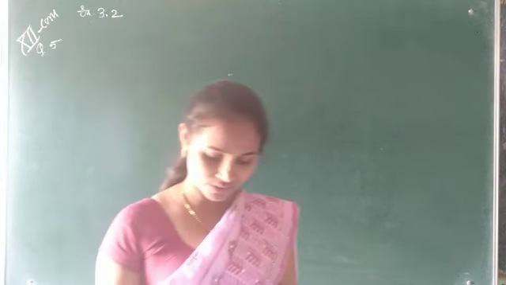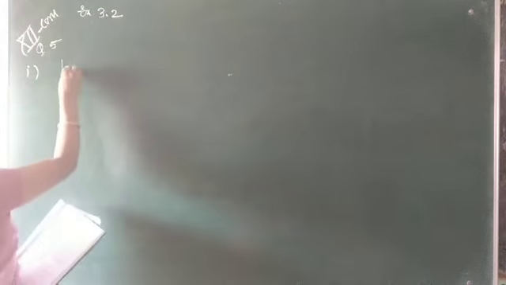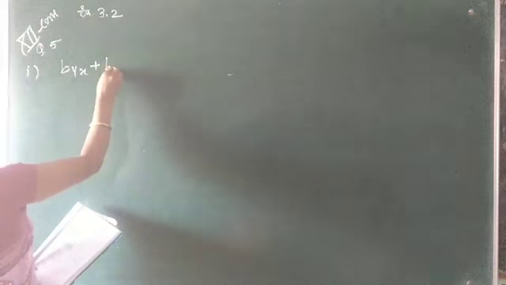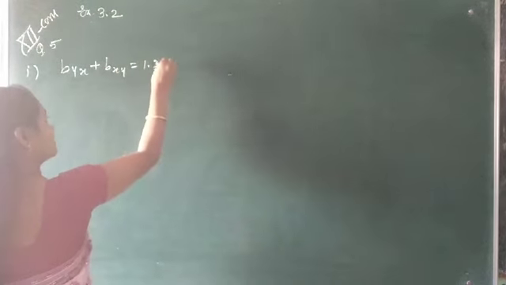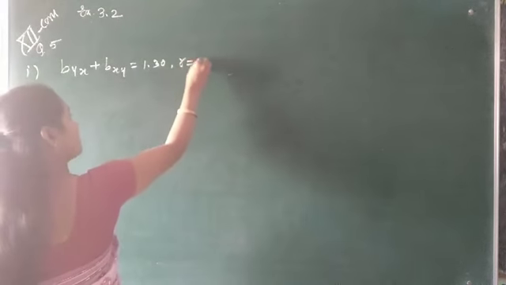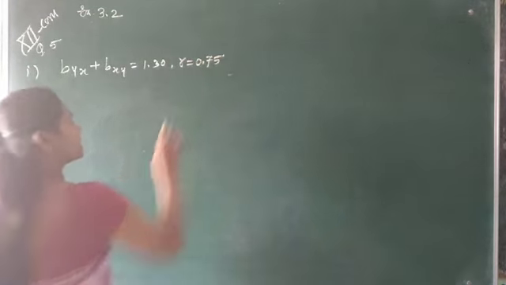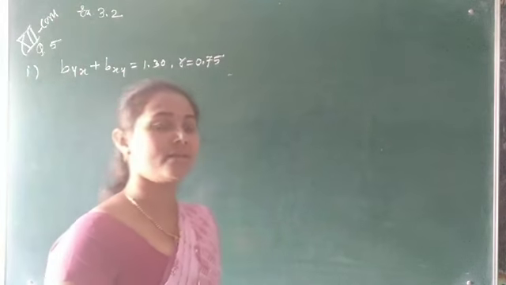So see what the first question is. Here, byx plus bxy is given, bxy is equal to 1.30 and r is equal to 0.75. We have to check if the given data is consistent or inconsistent.